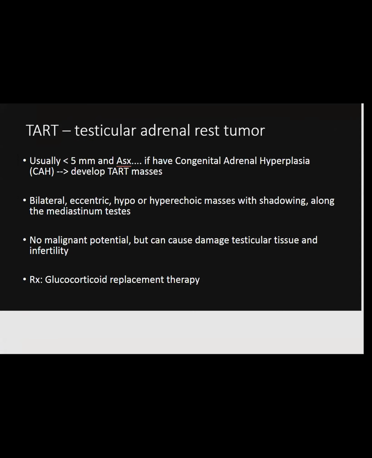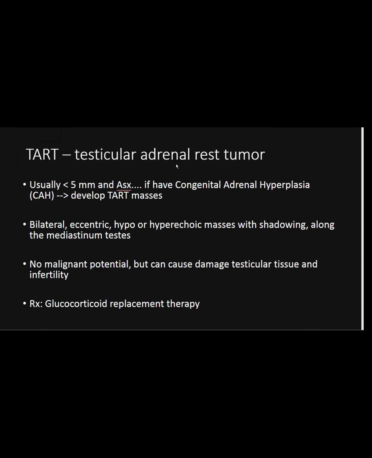So this is what we call TART, testicular adrenal rest tumor. They're usually less than 5 millimeters and asymptomatic. However, if they have congenital adrenal hyperplasia, then they can develop these masses. They're bilateral, eccentric. They can be typically hypoechoic, less likely hyperechoic, but they're heterogeneous and variable.